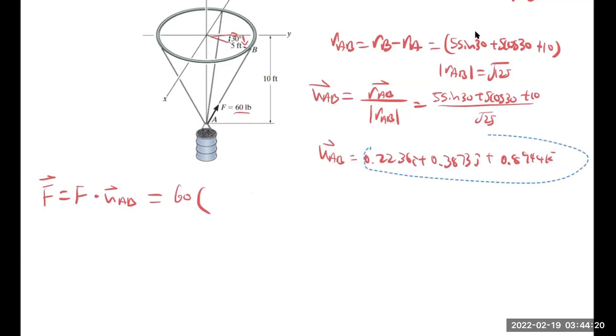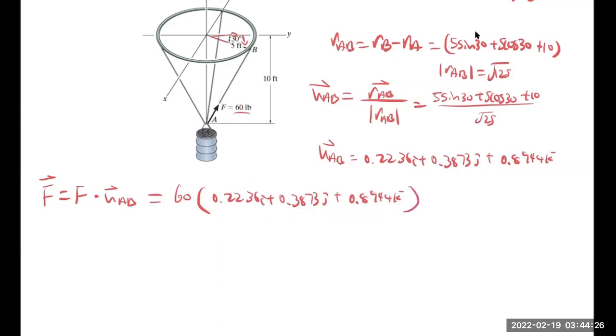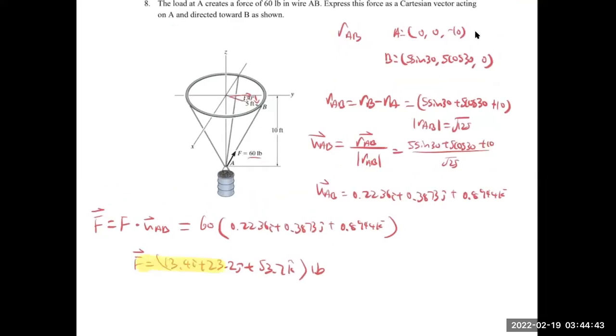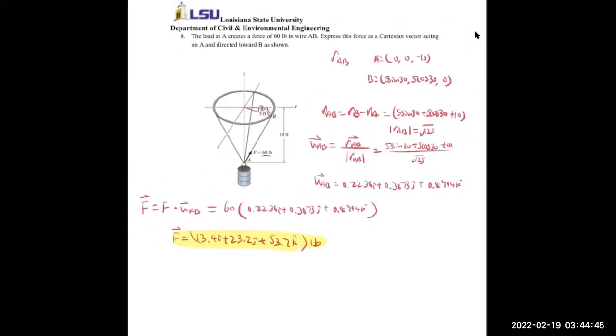Then distribute the 60 in, so I get my F vector equal to 13.4I plus 23.2J plus 53.7K. Don't forget the units. Okay, so that's all for problem A, and I'll see you guys in problem 9.